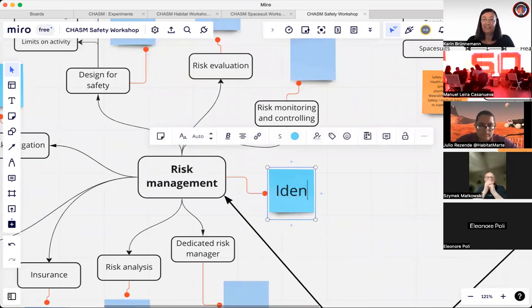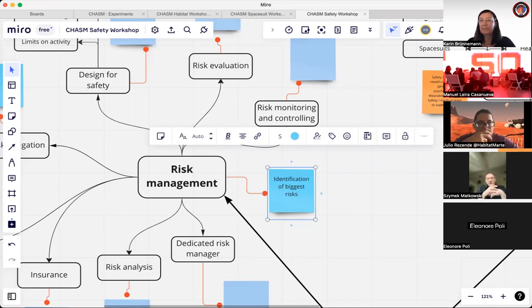So identification of the biggest risks, and also training scenarios for all high risks, for the top risks. I think we can't train for every single scenario because there are literally hundreds of risks involved.